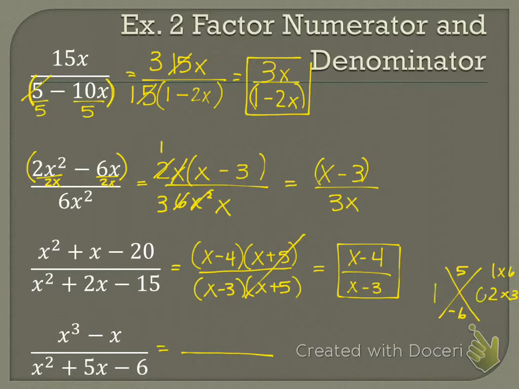And why did you choose 1 and 6? Why not 2 and 3? Because they give me 5. Because C is negative, so you have to subtract to get 5. Perfect. We got to subtract the numbers to get 5. So which one's positive, which one's negative? 6 is positive, 1 is negative. So in my denominator, I've got x minus 1, x plus 6.